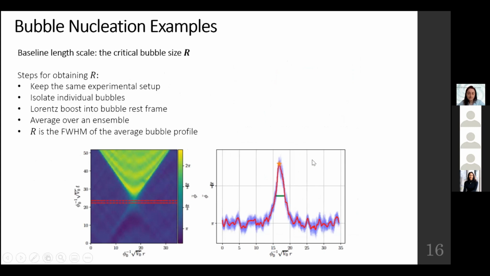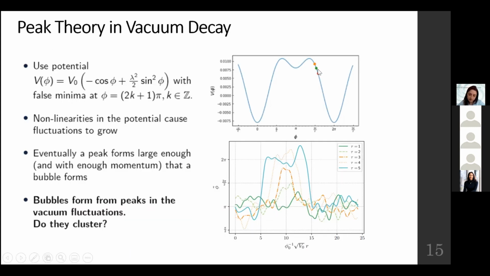Now, the important parameter that determined the amount of clustering, if you remember from the free field case, was the detection threshold. So to compare our results, we choose 3 detection thresholds here for the size of the bubble at nucleation, and we will compute 3 different correlators corresponding to these 3 thresholds and compare our results.